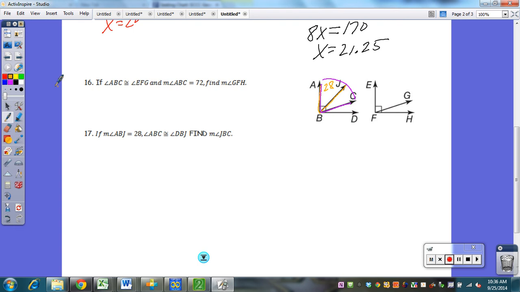So this angle right here is congruent to this angle right here.